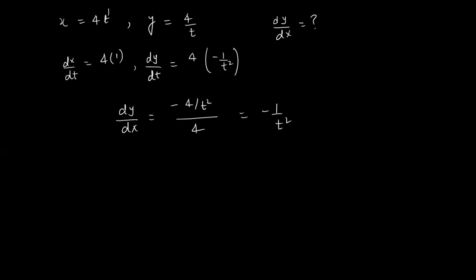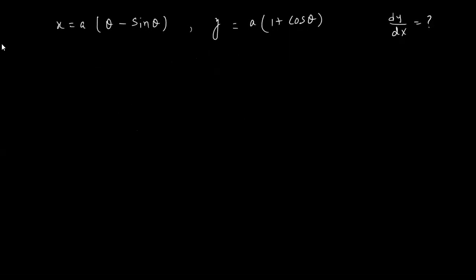Let us see one more question here. Say x is a times theta minus sine theta, and y equals a times 1 plus cos theta. And we are interested to find dy over dx.